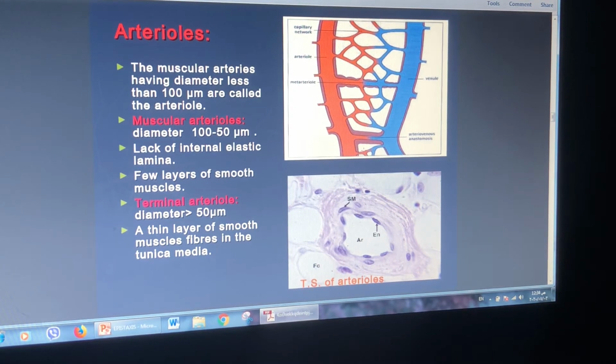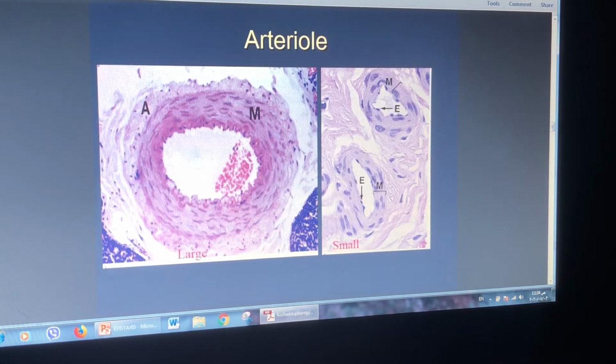The terminal arterioles have a diameter of less than 50 micrometers, with a thin layer of smooth muscle fibers in the tunica media. This is the arteriole. And this slide shows us the arterioles, and this is the large arteriole, and this is the small arteriole.